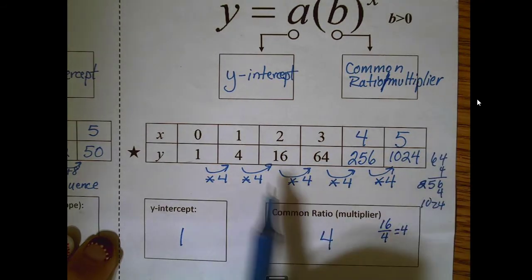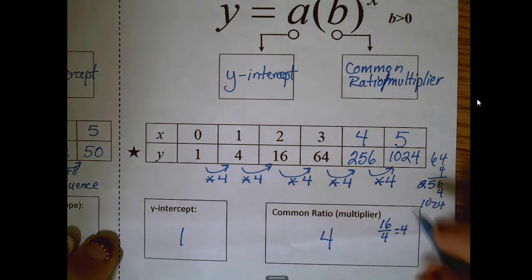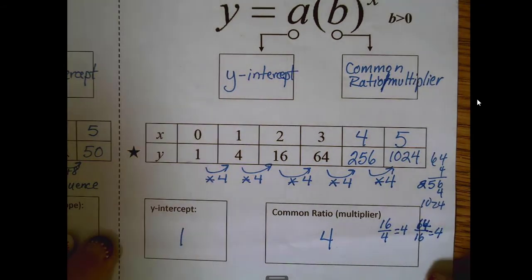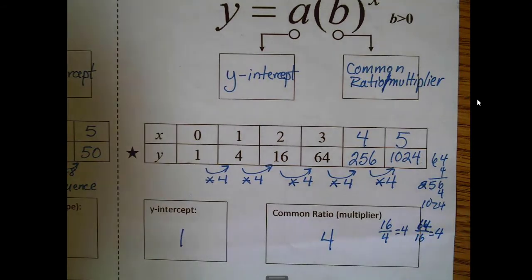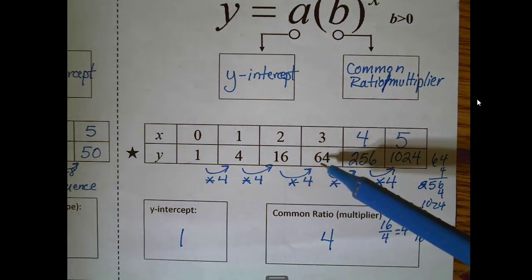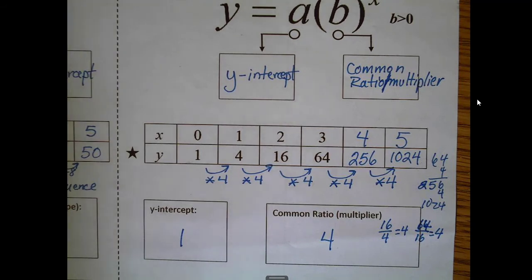And they have to be right next to each other. I could take 64 divided by 16. And that also gives me 4. So if you're doing some tables and you're not really sure what it is I'm multiplying by, just take two numbers that are right beside each other, take that bigger value and divide it by that smaller value and see what that ratio is giving you.